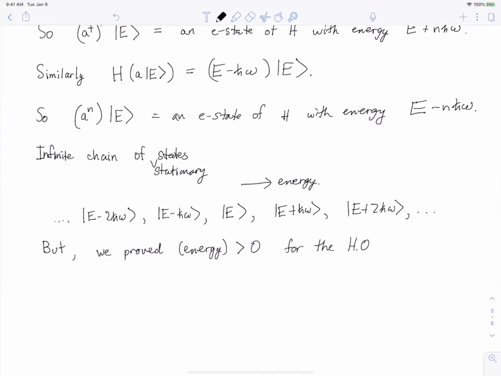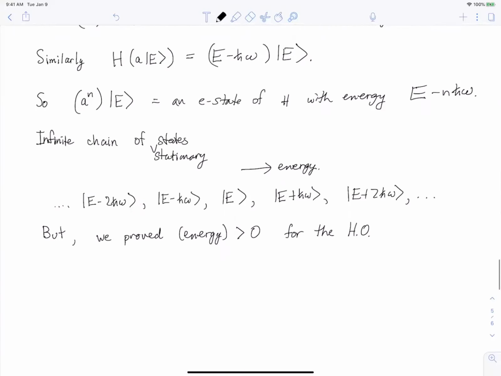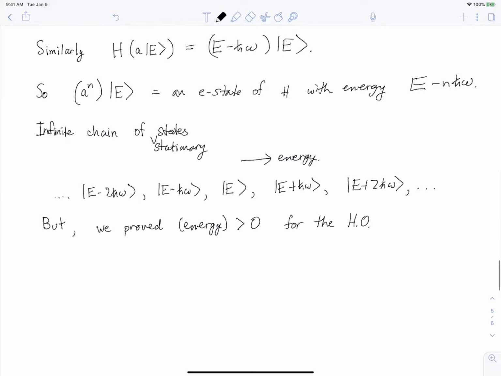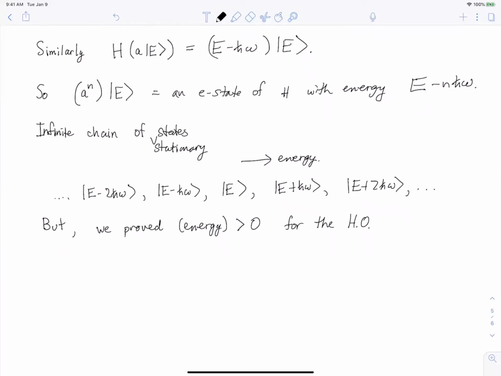We also proved that in the position representation, but we're even ignoring that. We just proved it on general grounds. So what does that mean? It means that some of these states in this infinite chain that we constructed have to be not there. They have to be fake or null kets. So that means one of these at some lower value of E has to be the null ket. And then when we go to the left, we're just acting on the null ket over and over again. And so we get more and more null kets, which aren't physical states.